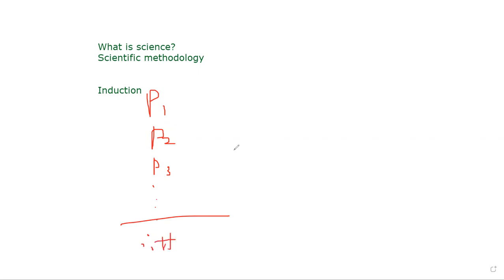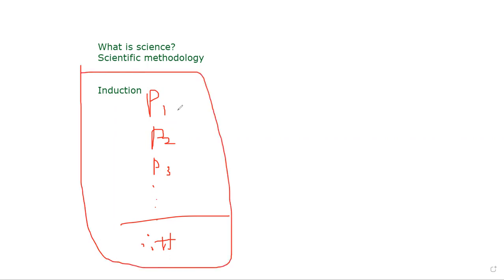If we take induction, there is a basic structure: P1, P2, P3, and we can get several particular incidents, and therefore here we get the hypothesis, H. So you can remember these structures and the things that Karl Popper mentioned about science; keep those in your mind.